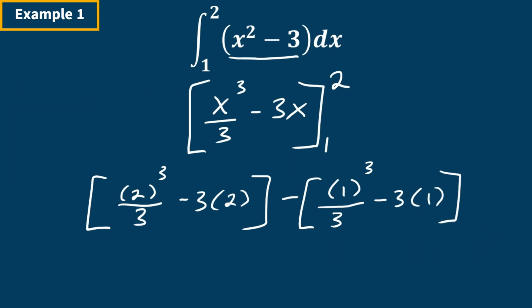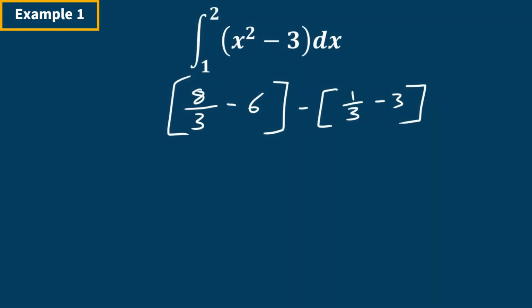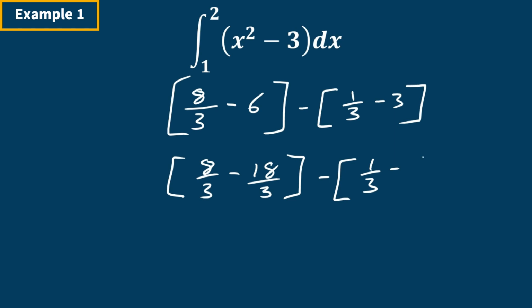What we do from here is simplify. 2 cubed is 8, so we'll have 8 over 3 minus 6, minus 1/3 minus 3. Simplifying further, what we're going to have is 8 over 3 minus 18 over 3, subtracted by 1/3 minus 9 over 3.